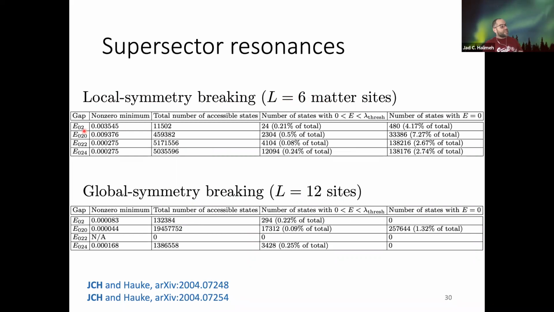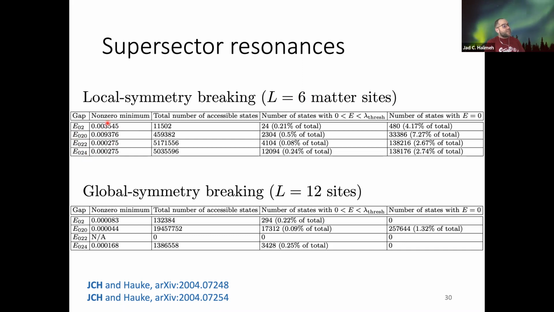And what we see is the resonances between the different supersectors. So here, when I say E02, that's a resonance or a transition between the supersector where I have no violations and the supersector where I have 2. E020 is a second order process in H1, which basically takes me from the 0 supersector to the one with 2 violations back to 0, so on and so forth.